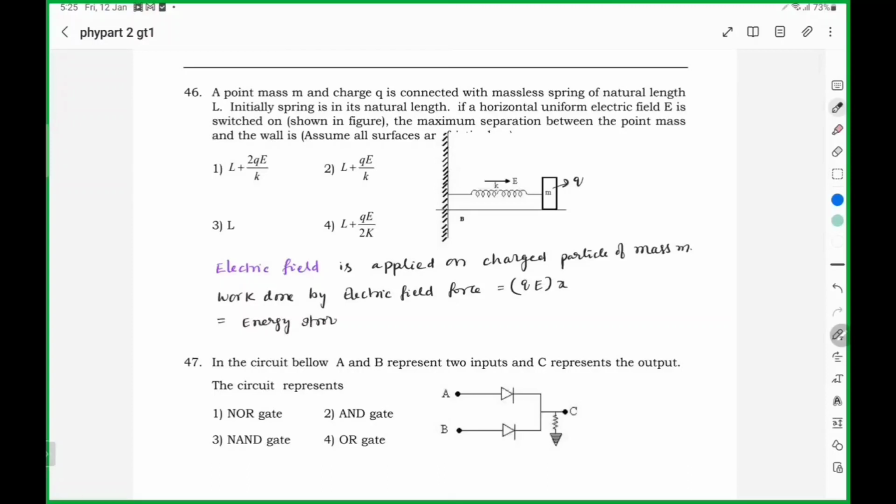Energy stored in a stretched spring is half kx square.